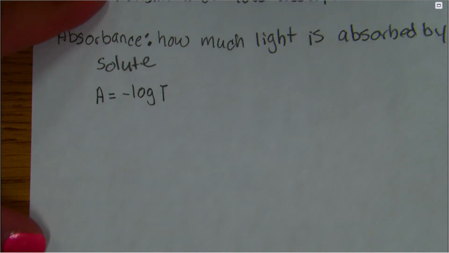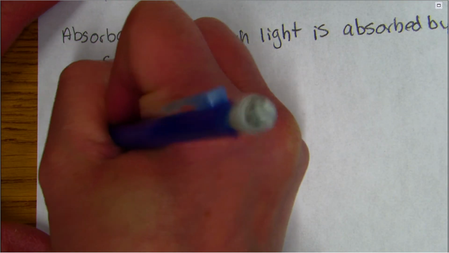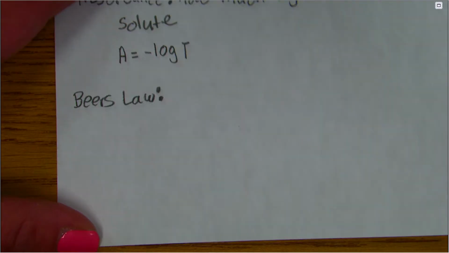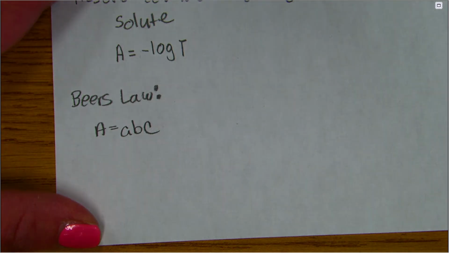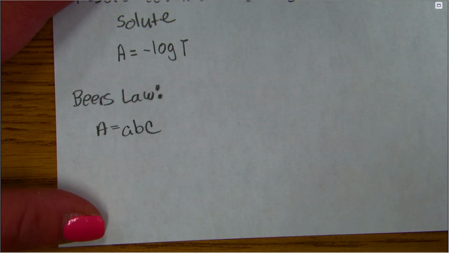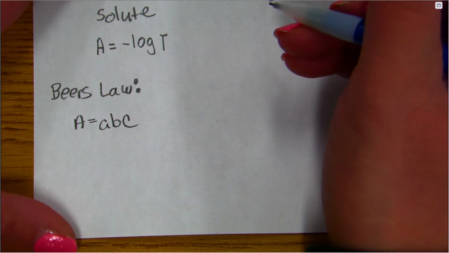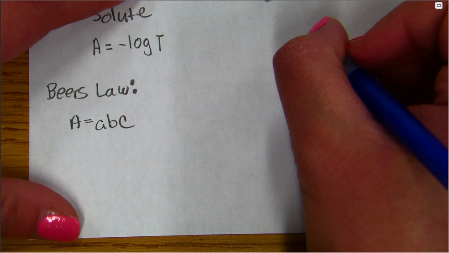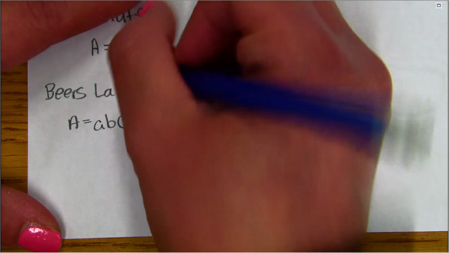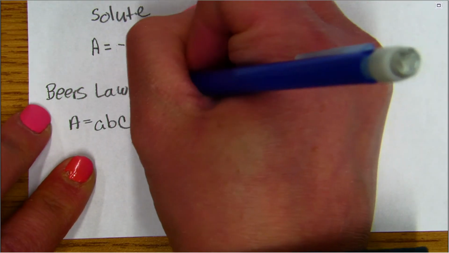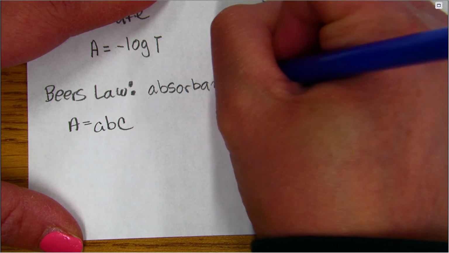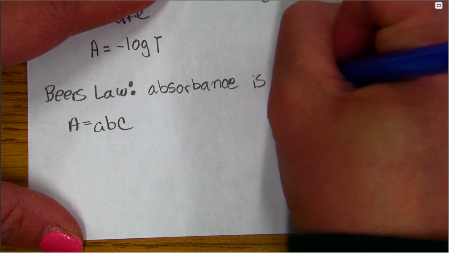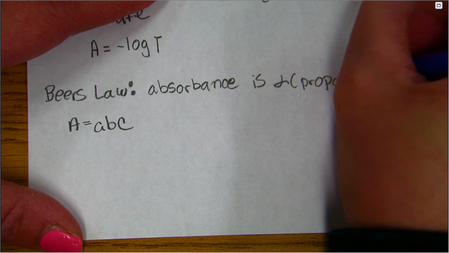All right, so let's look at Beer's law. The formula for Beer's law is A, big A, equals little a, B, C. And what this formula says is that absorbance is proportional to the path length, so I just wrote proportional here.